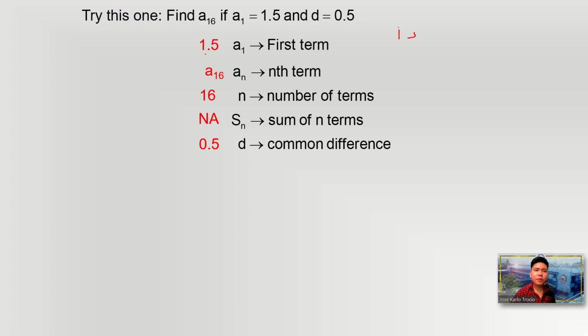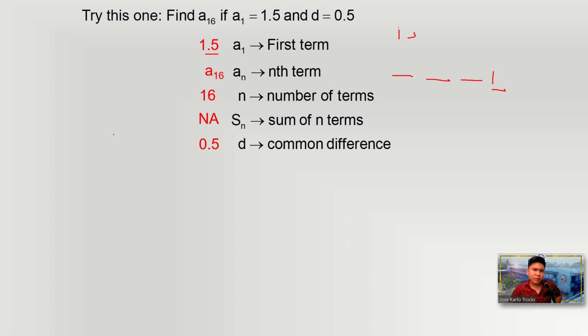You have 1.5 as the first term, and it goes up to the 16th term. So the end term is 16. We do not know the sum, but we are not looking for the sum anyway. So 0.5 is the common difference.